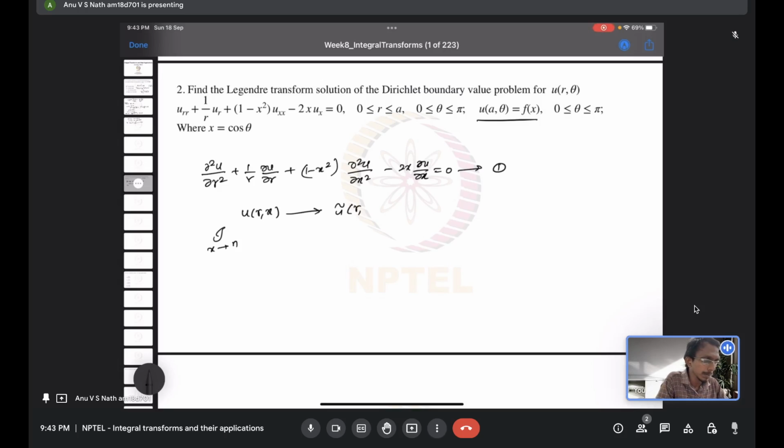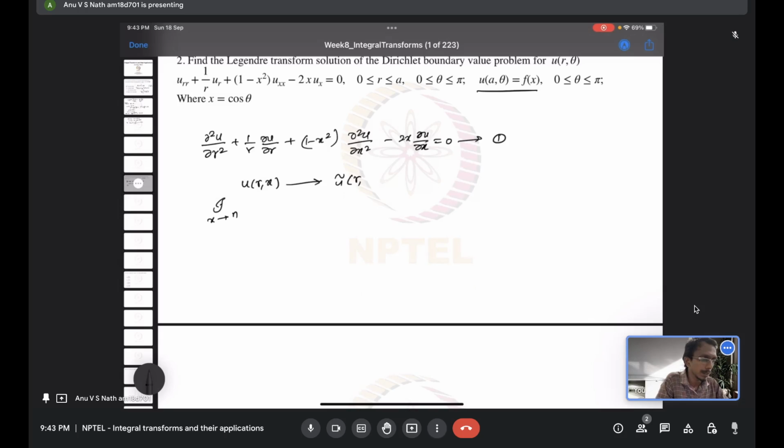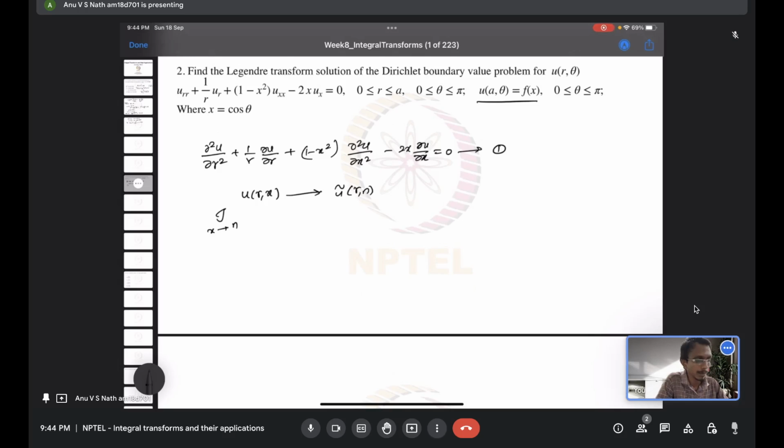I will represent the Legendre transform using the curly F symbol. I am not sure what to call it. So it will transform the quantity u, which is a function of r and x, to u tilde, which is a function of r and n.